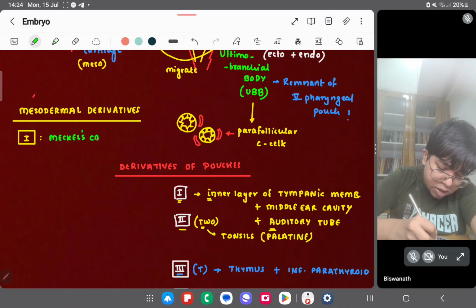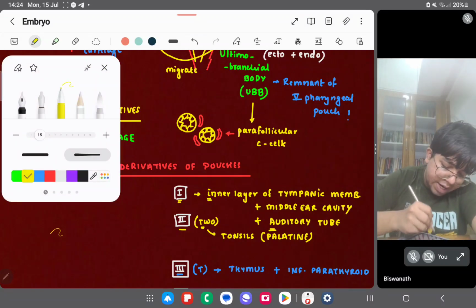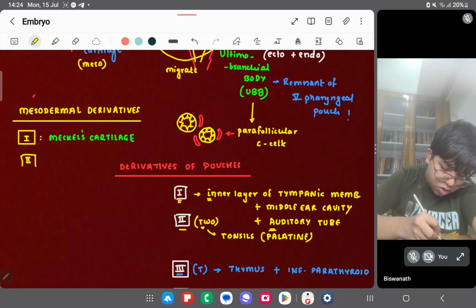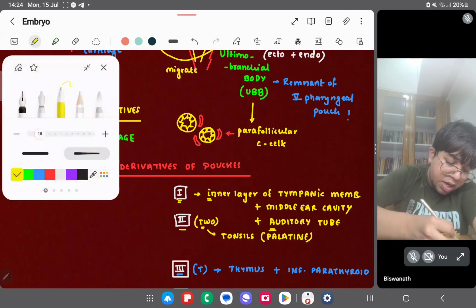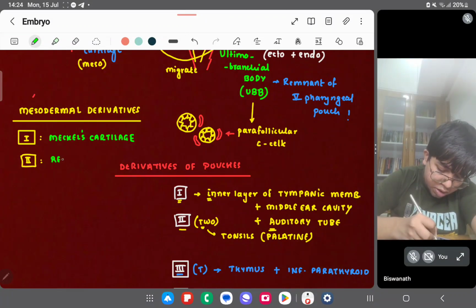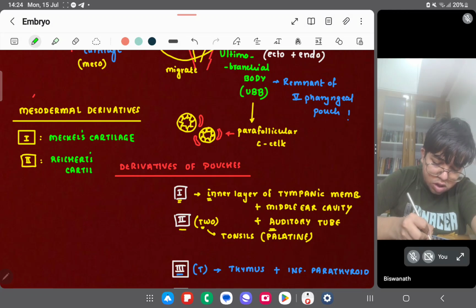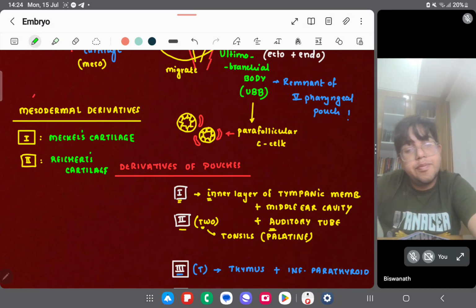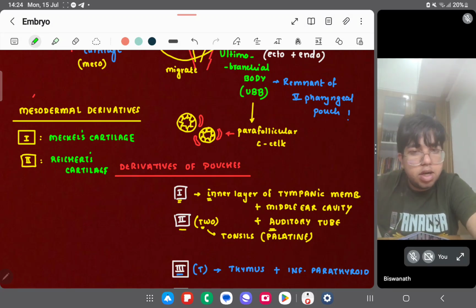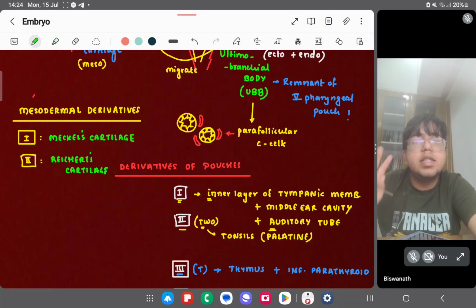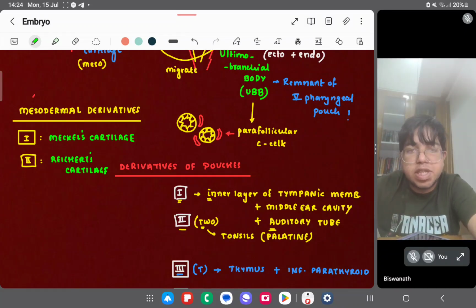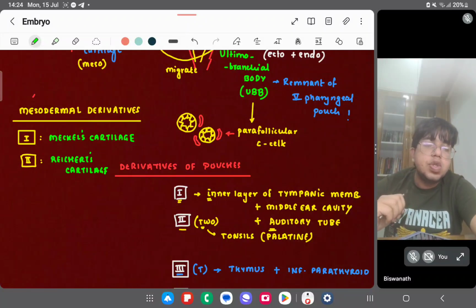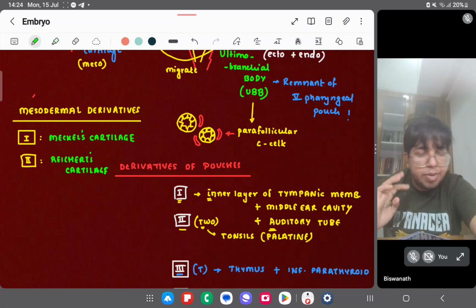And the second arch will give rise to Reichert's cartilage. Okay, Reichert's cartilage. Understood? No need to understand, you just have to remember which arch is giving rise to which cartilage. Okay, so basically these are the mesodermal derivatives.